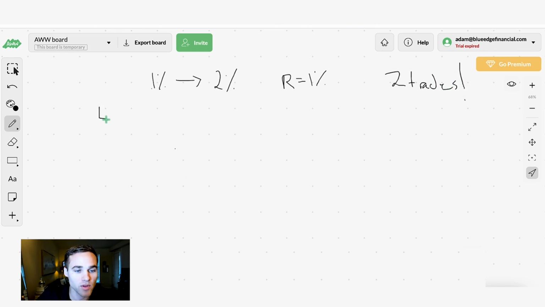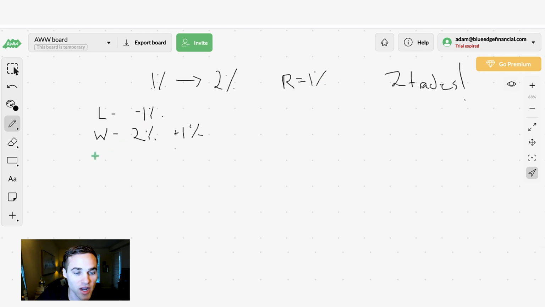So for example, if we were to have a losing trade, okay, we would lose 1%, right? If we were to have a winning trade, since we're winning 2%, we would win 2%, and now we would be up a total of 1%, right? Now, the key with asymmetric compounding is we're looking for 2 winning trades in a row. When we get a winning trade, we're going to use our earnings, which was 2% in this case, and our previous R, which is just 1, right?